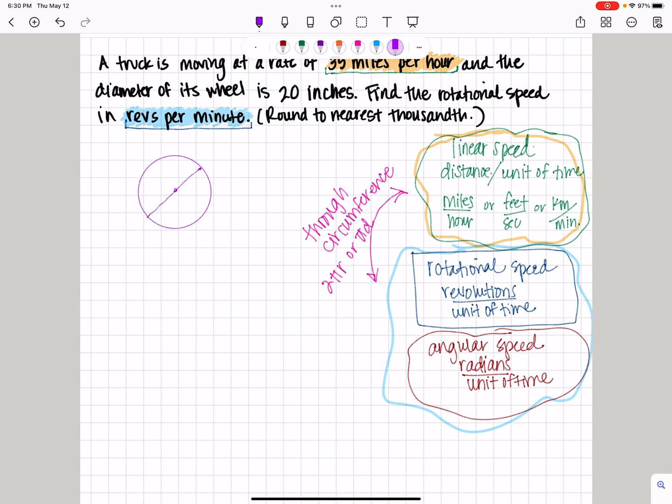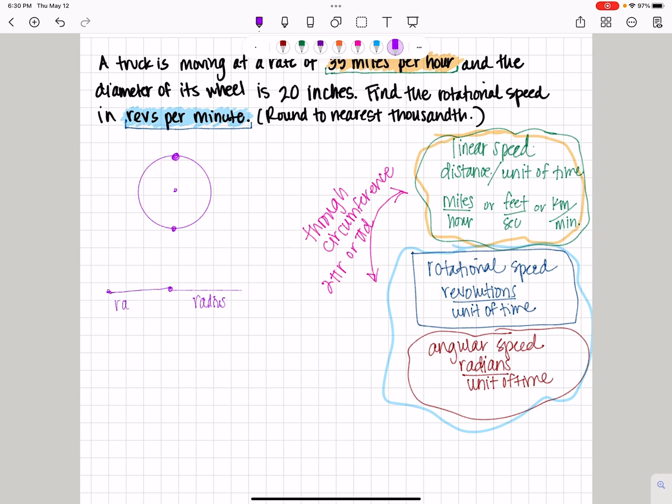If I open up that wheel, let's just say I cut it open. So this is the bottom, right? I'm going to open up this flap. When I open up that flap and lay it flat, it's like that. That's a radius, right? And if I open up this part and lay it flat, it's going to lay flat like that.